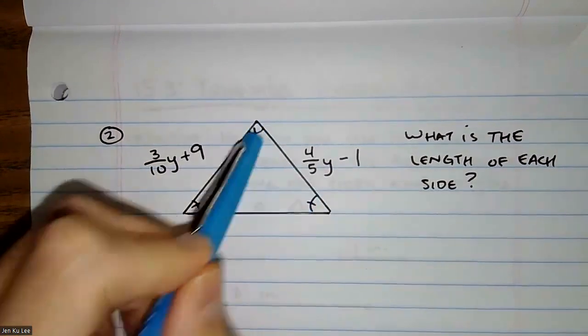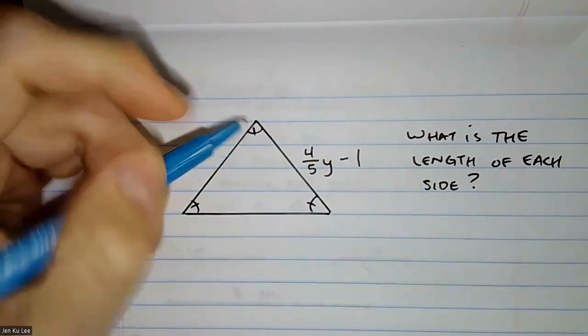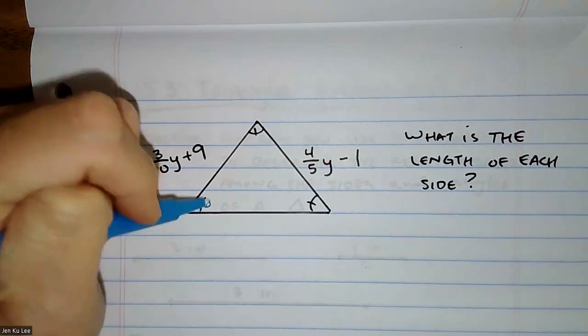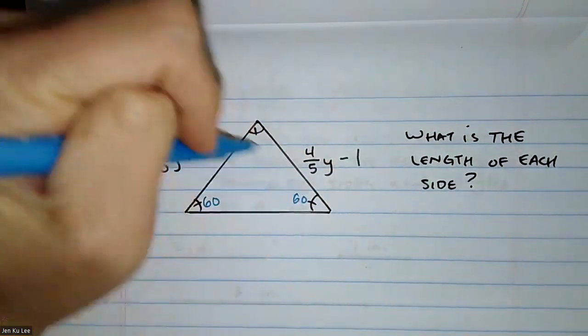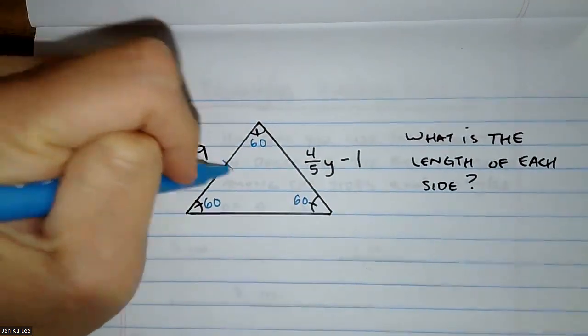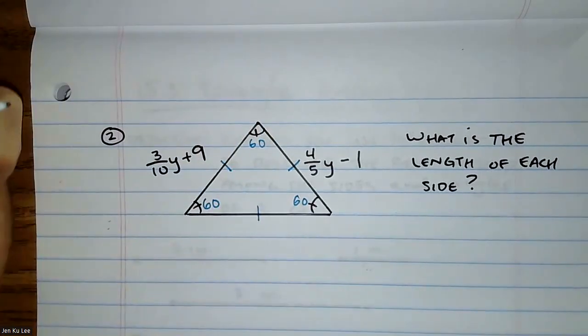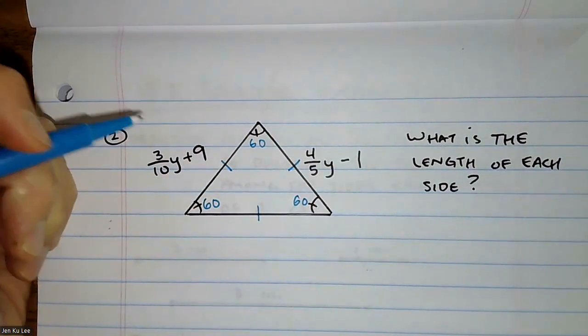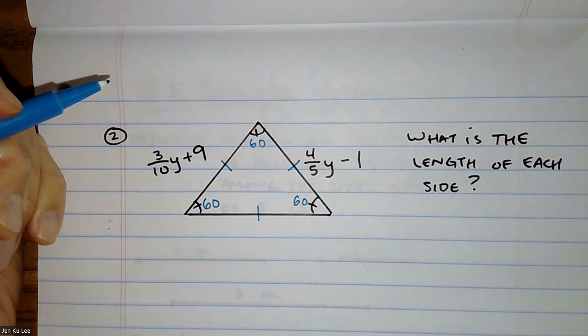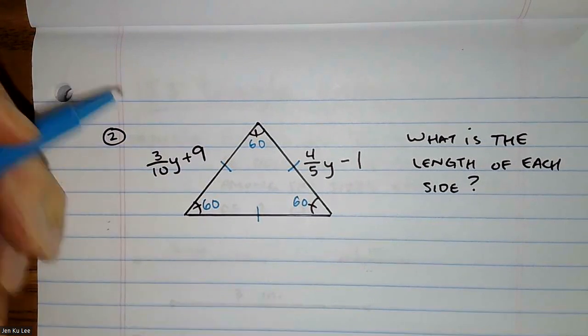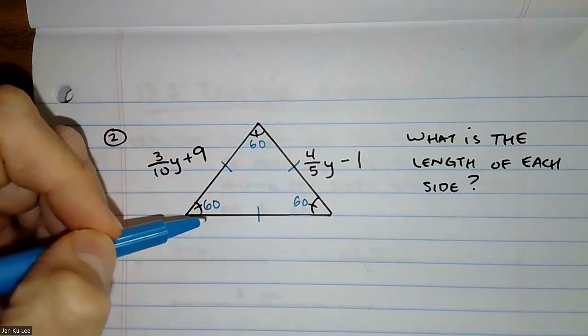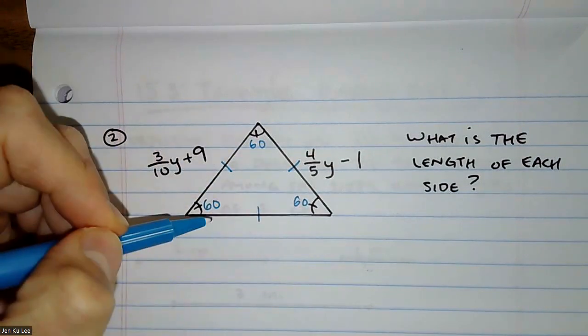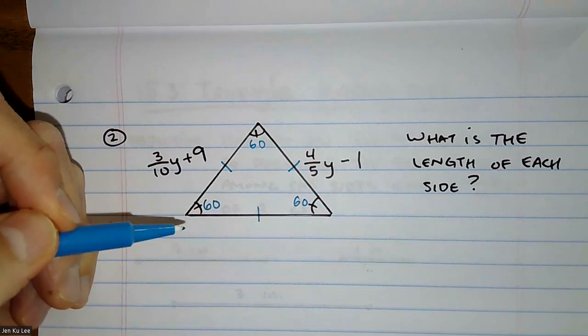If it's equal angular, I know two things: each angle is 60, because they're equal to each other and the interior angles add to 180, and all three sides are also congruent.